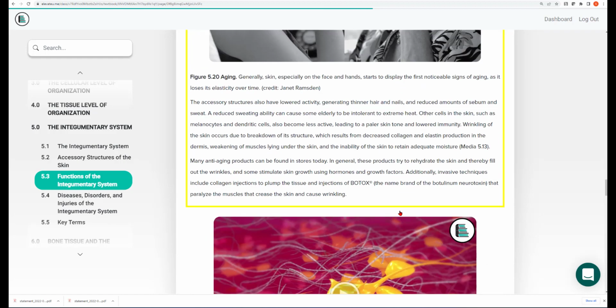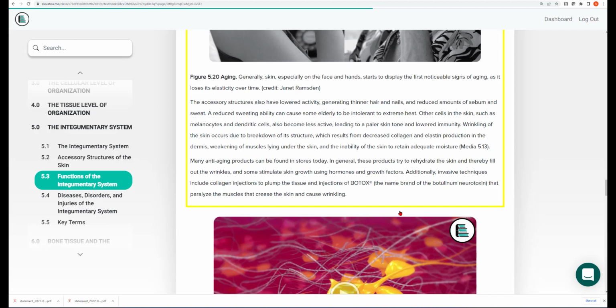As we age, a couple of things happen to the skin. Of course, I mentioned that the sweat glands stop producing as much, so our skin gets drier. In addition, the fibroblasts that are making the collagen just don't do as good a job of laying down the collagen.